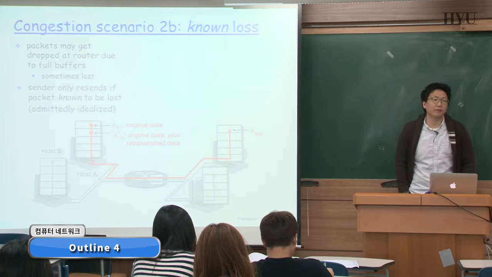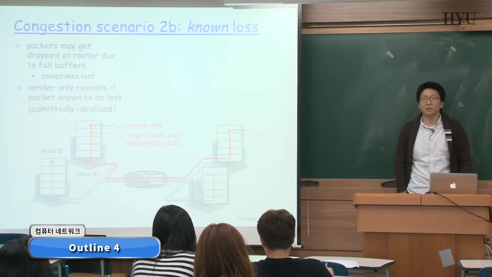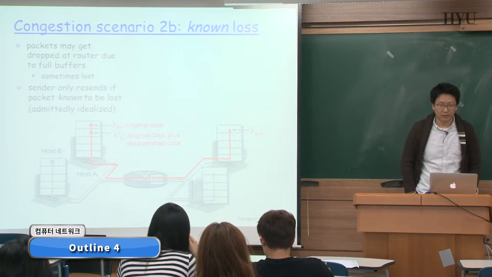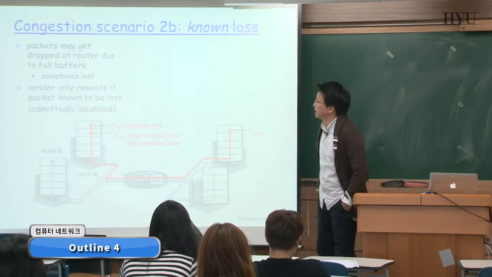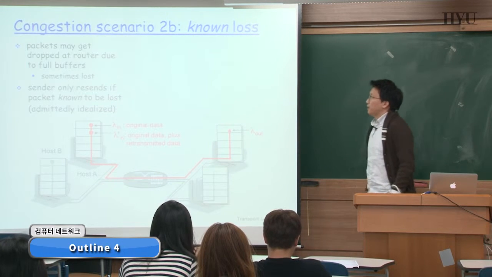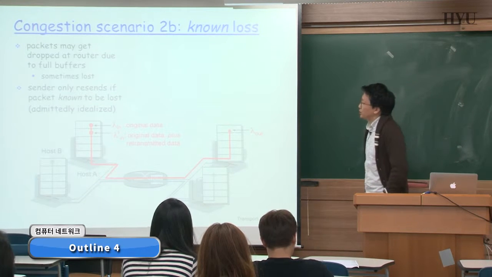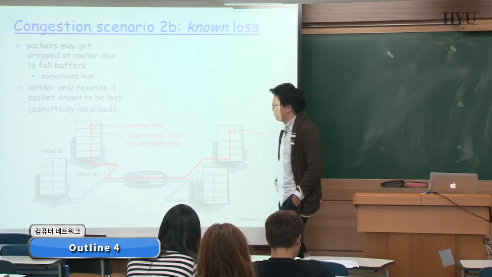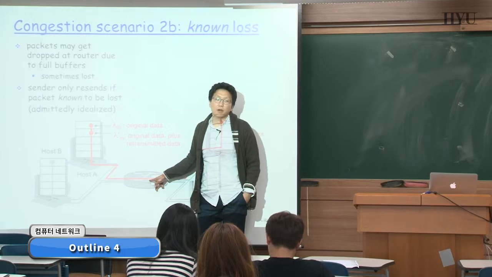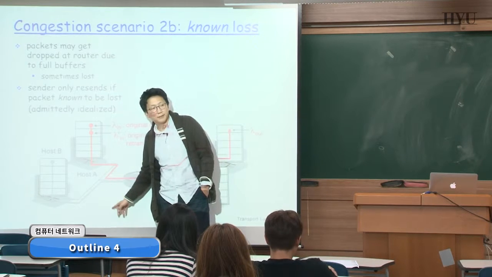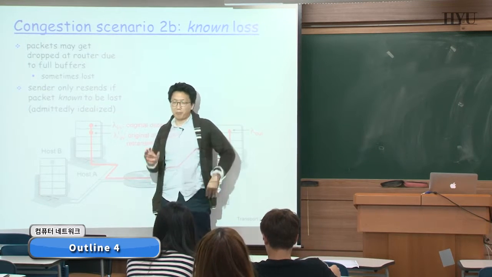Because we don't have infinite buffers, we do have finite buffers, and there could be a loss happening, for whatever reasons in between. Packets may get dropped at the router due to a full buffer. So the queue is full, a packet is coming in, but there is no space in the router's memory, so it's dropped. It just disappears. That bit's gone.